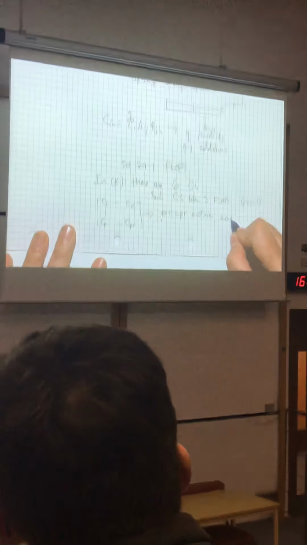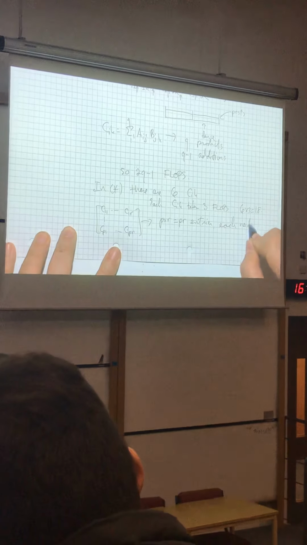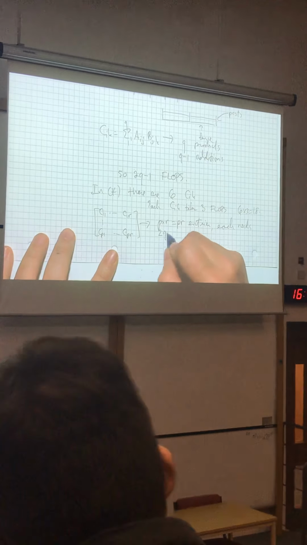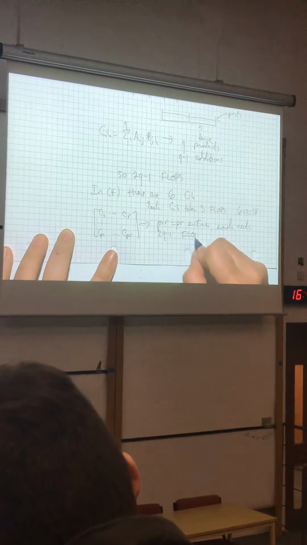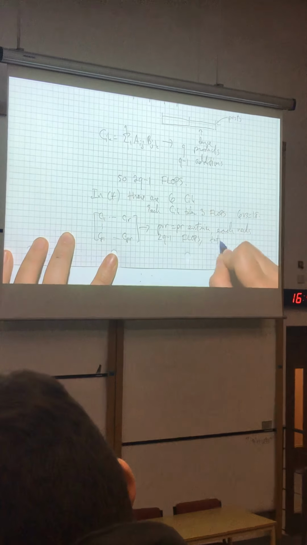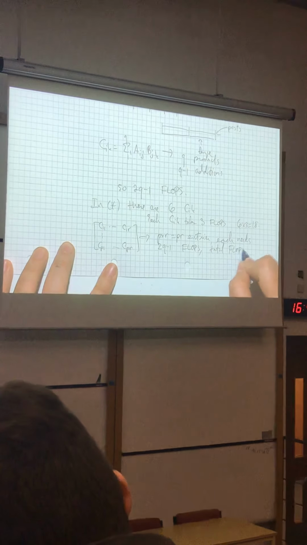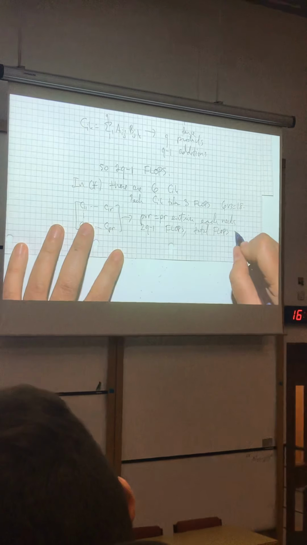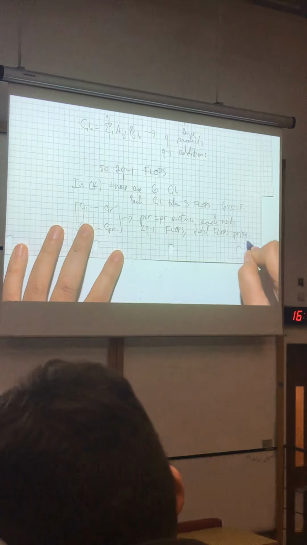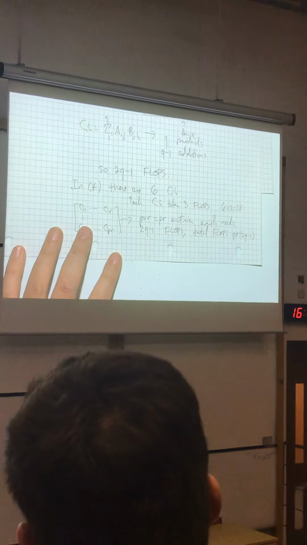Each needs 2q minus 1 flops. So total flops is PR times 2q minus 1. And that's the end of the proof.